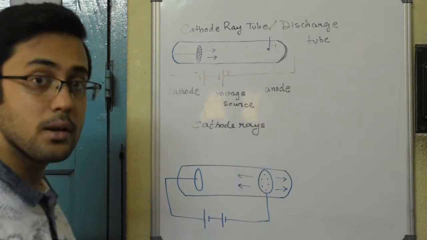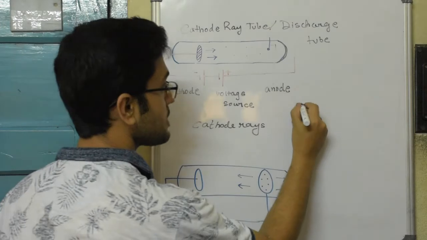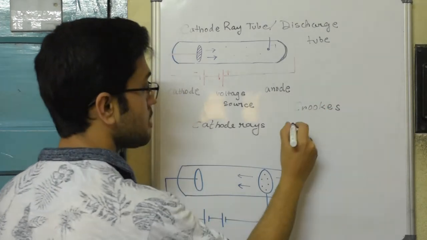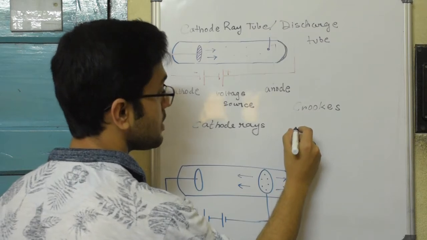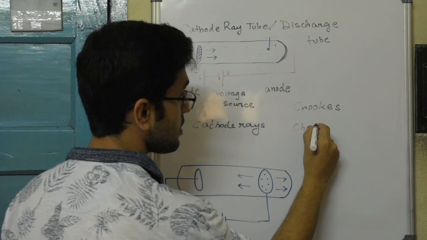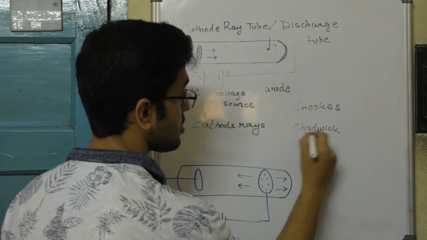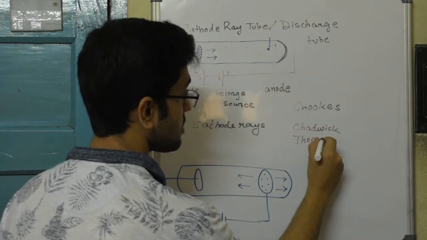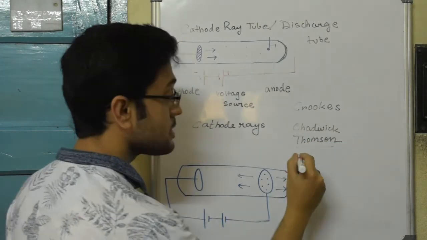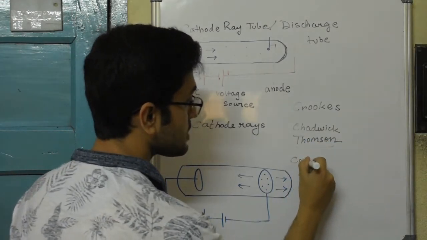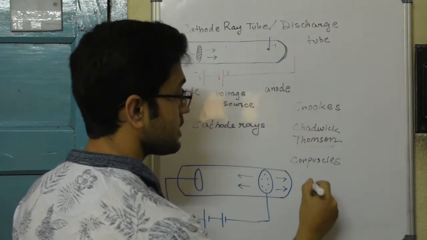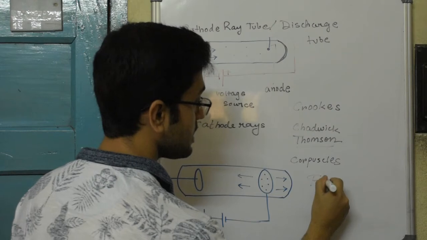The experiment was first performed by the scientist Crookes. It was later repeated by the scientists Chadwick and Thomson. Thomson called the particles constituting the cathode rays corpuscles, which were later named by another scientist, Fitzgerald.